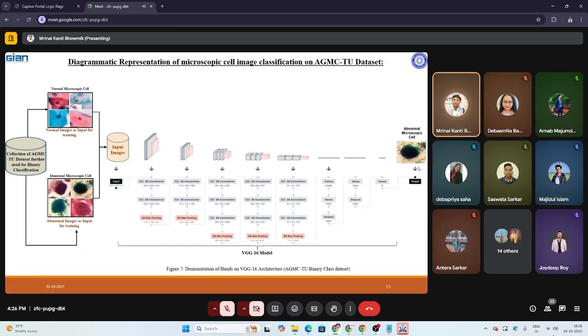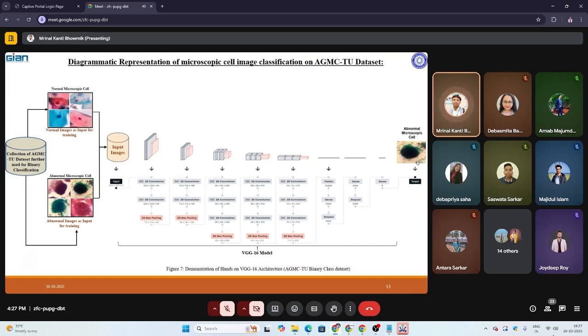If we take that as an abnormal microscopic cell, then it classifies correctly as an abnormal microscopic cell. When we test the image in the code, giving a normal microscopic cell, then it also classifies as normal. I'll be showing the code that I have used, where I have tested giving both normal and abnormal cancerous cells, and my model, VGG16, classified accurately.